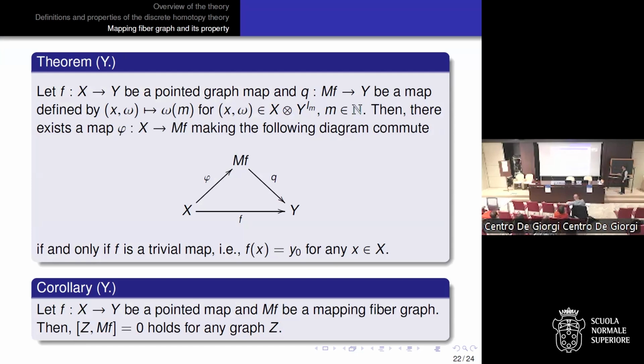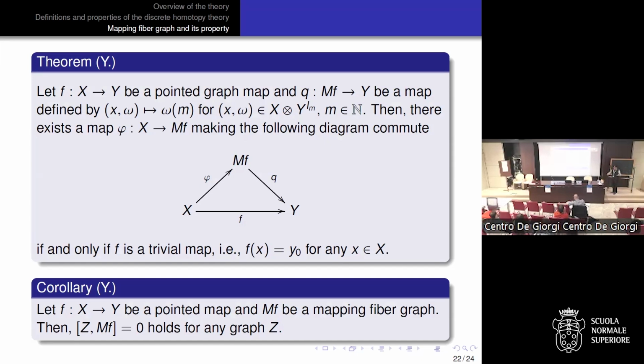Let F be a pointed graph map, and MF here, and this MF to Y is defined by X omega to omega M, the endpoint. Then if this phi exists, then this F should be the 0 map. So if such a map phi from X to MF exists, this map F is a trivial map.